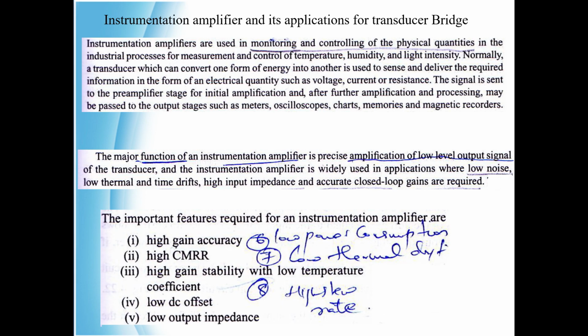The important features required for an instrumentation amplifier are high gain accuracy, high CMRR, high gain stability with low temperature coefficient, low DC offset, low output impedance, low power consumption, low thermal drift, and of course very high slew rate.